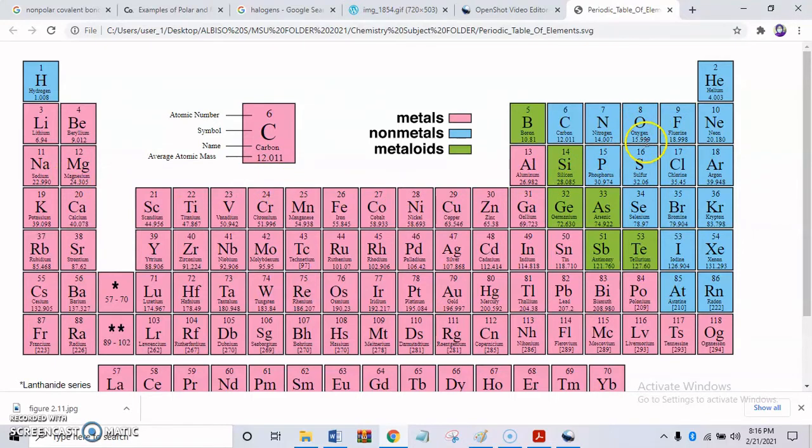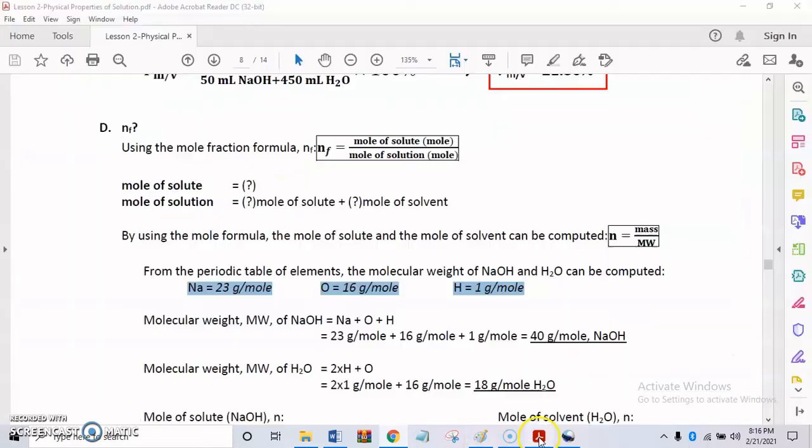Oxygen, 15.999. And that is 16 grams. And hydrogen is 1 gram per mole. So, the atomic mass or the average atomic mass of any element is in terms of gram per mole.